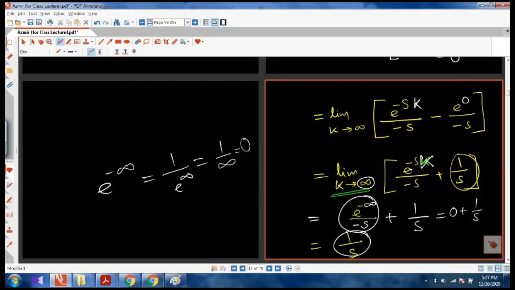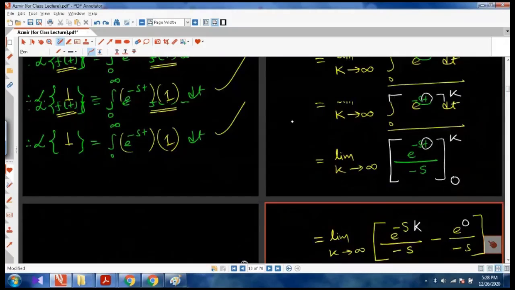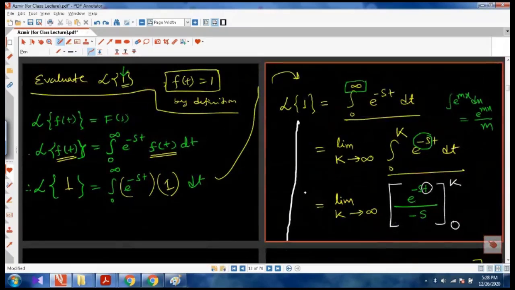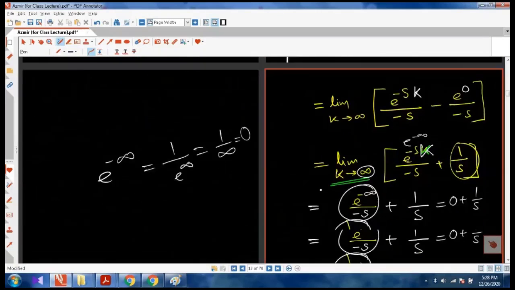Here we have k, so e to the power minus s infinity, that means e to the power minus infinity, which is actually 0, so 0 by minus s is 0, so we are left with only 1 by s. So this is how we are getting the Laplace transformation of 1. Laplace transformation of 1 is 1 by s.